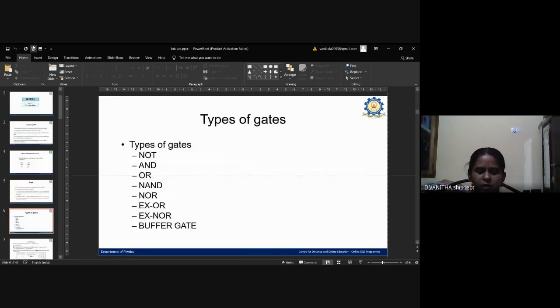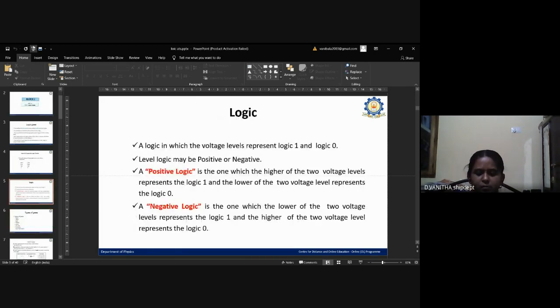The level logic can also be denoted by positive or negative.